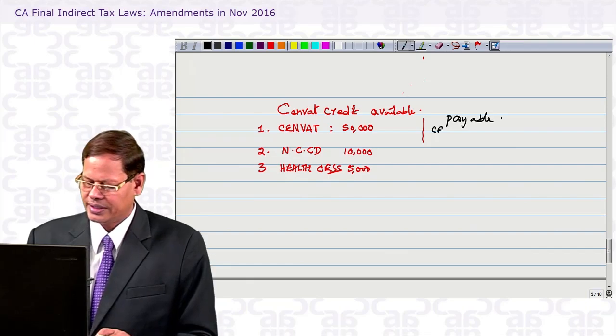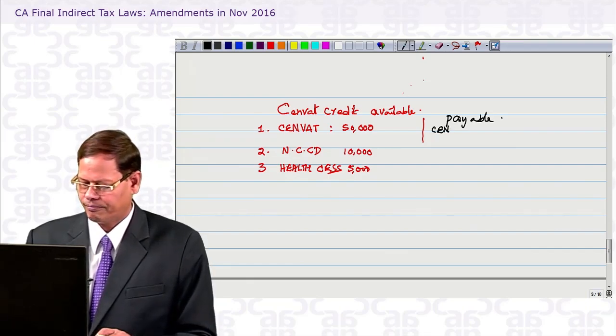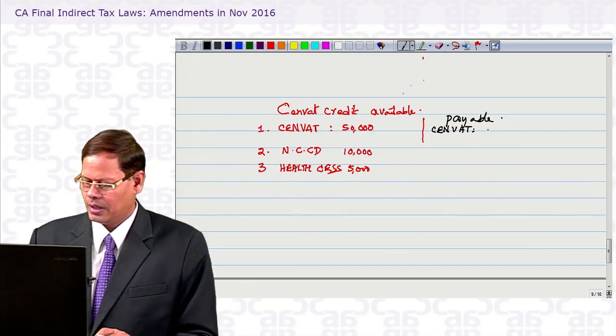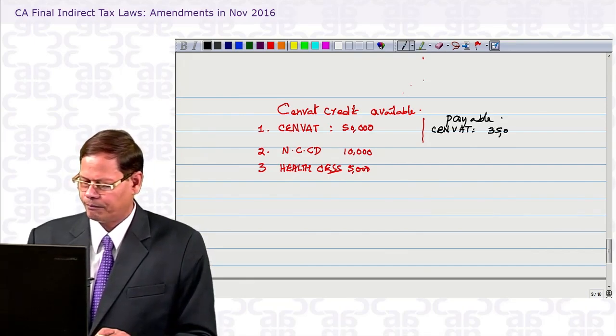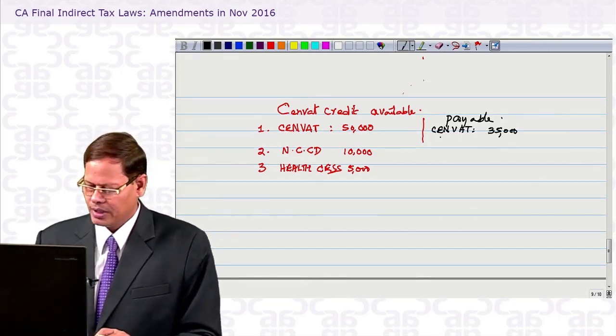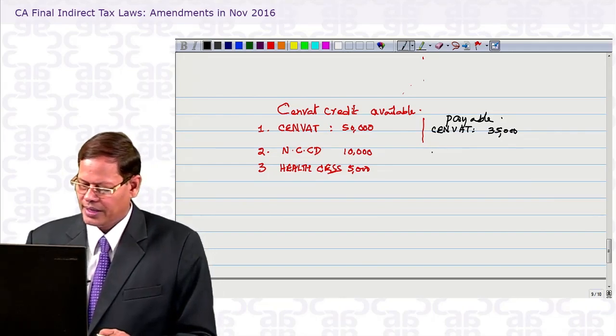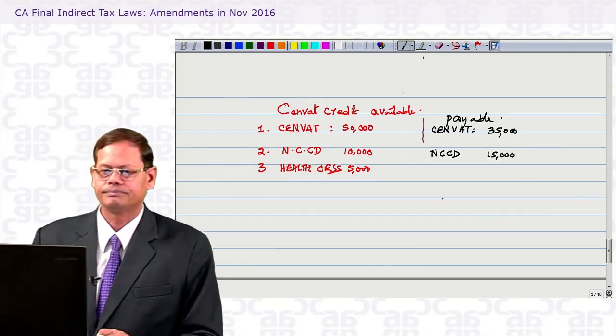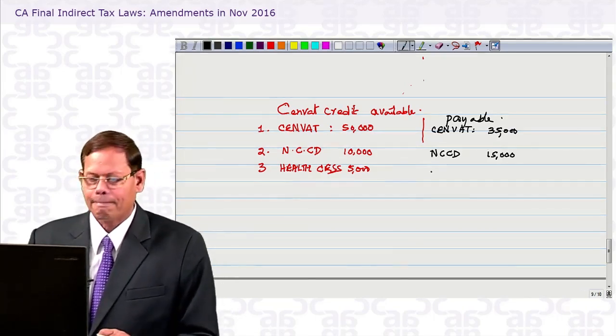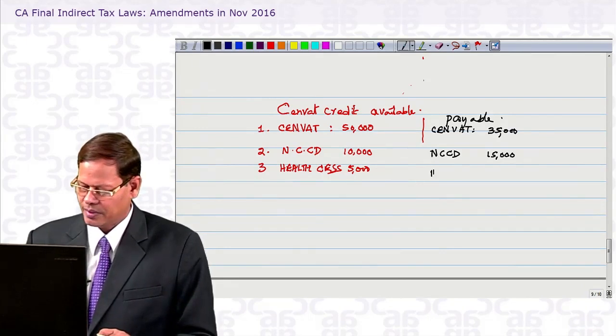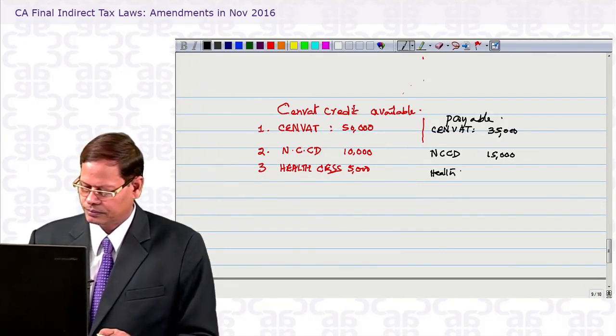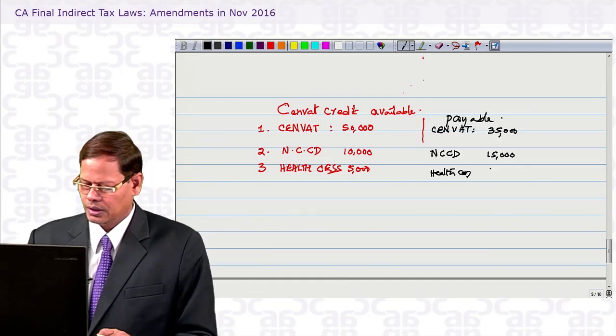Basic duty, let us call it CENVAT, 35,000. And NCCD payable 15,000 and say health cess payable say 10,000.